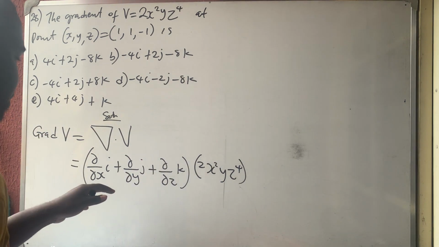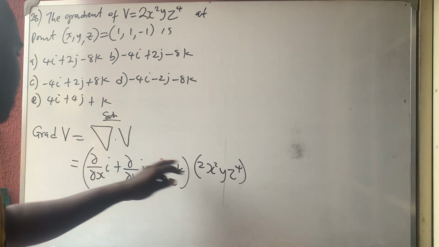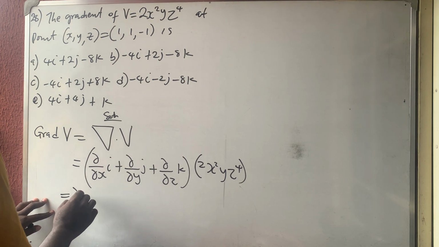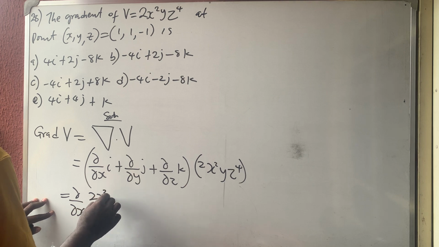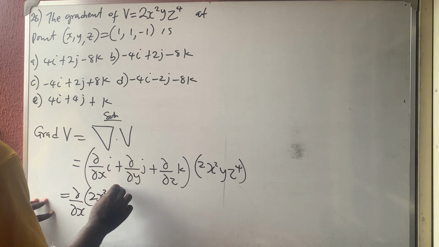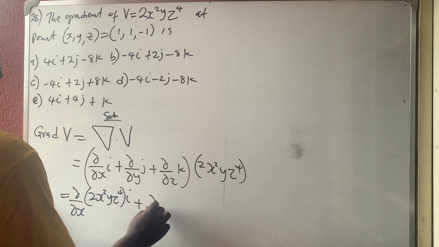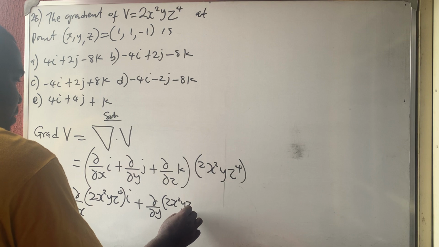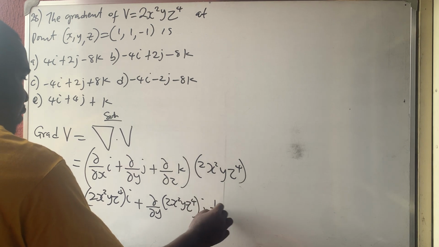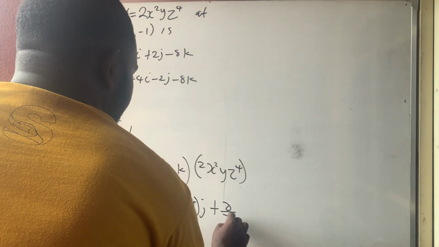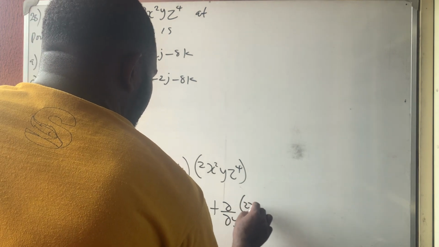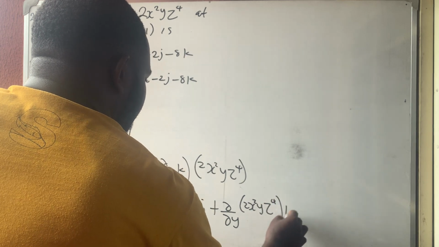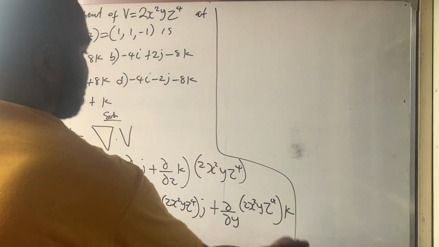This is a vector multiplying a scalar, so we have partial x of 2x squared y z4 i plus partial y of the same j plus partial z of 2x squared y z4 k. Okay, so permit me to continue from here.